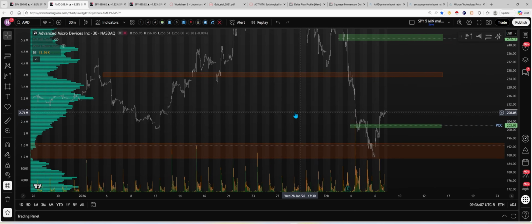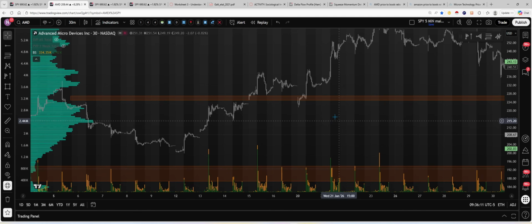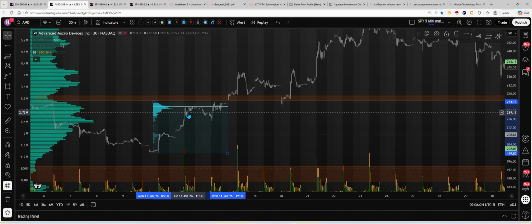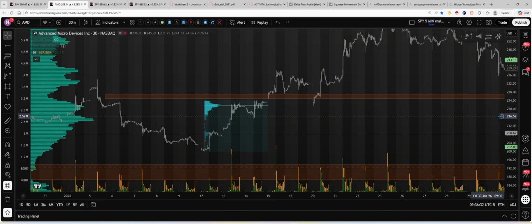Let's zoom in for a second to see if we can find some good examples here. So if we look at a volume profile of maybe right here, we have this push up, and a push up here, a consolidation here, and then again it consolidates in that same zone. That is a double point of control.